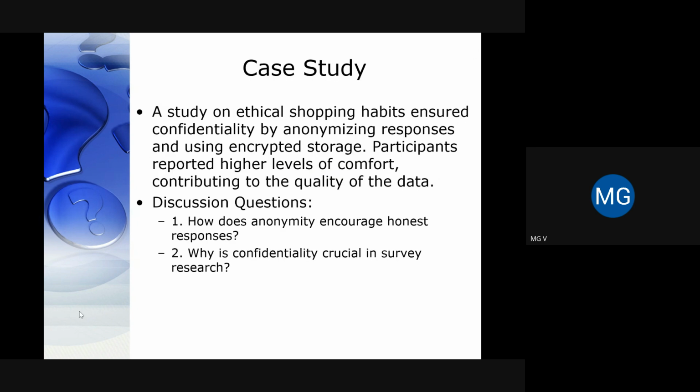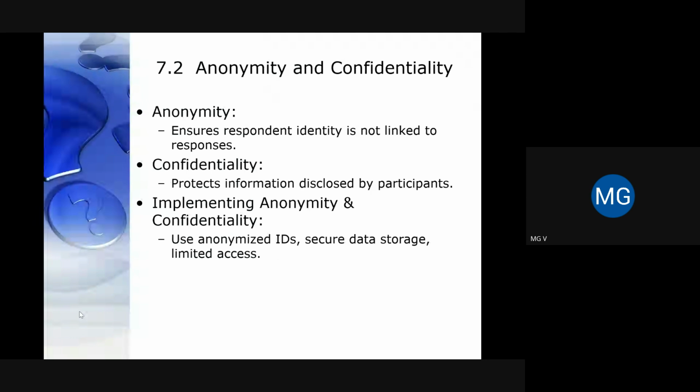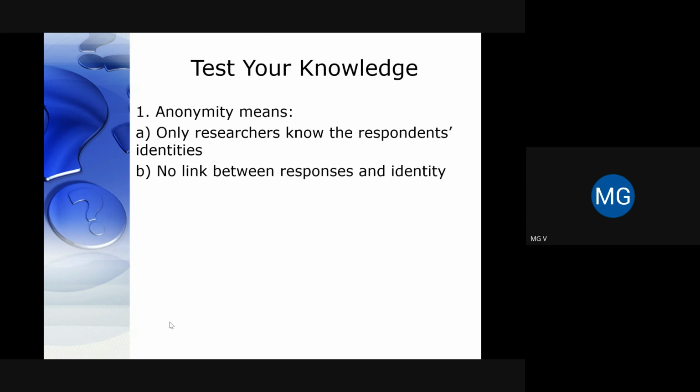I think I have mentioned in the beginning. Anonymity ensures respondent's identity is not linked to responses. Right? Do you understand the meaning of it? What does it mean? Like I have gathered responses from say 20 persons, right?